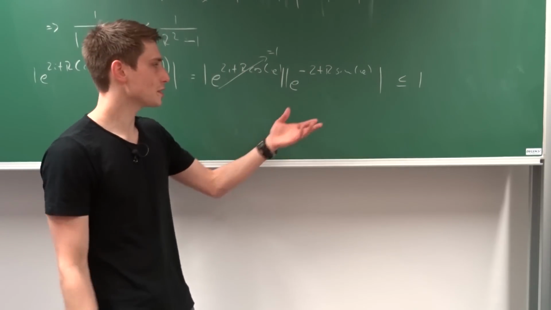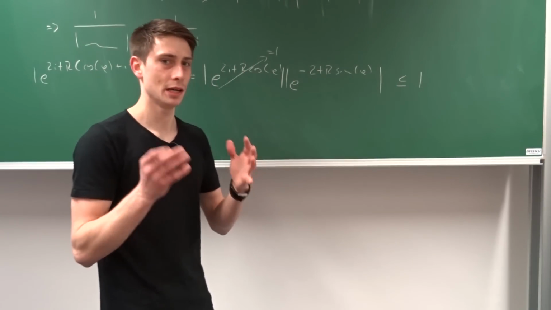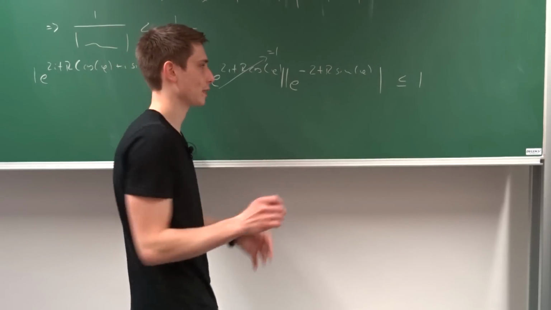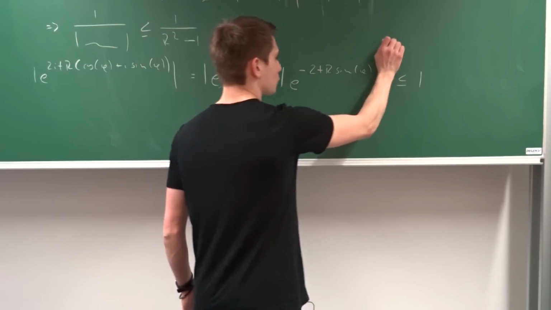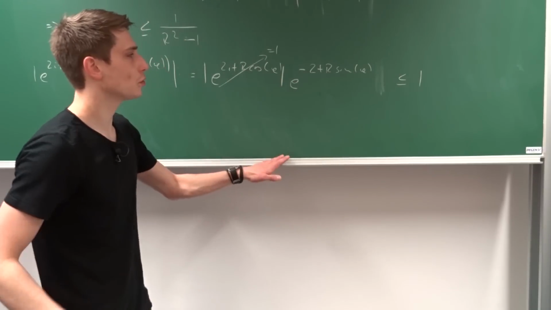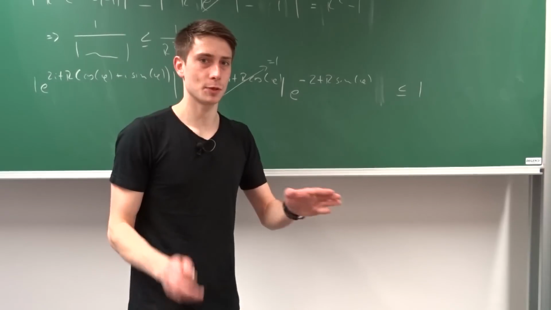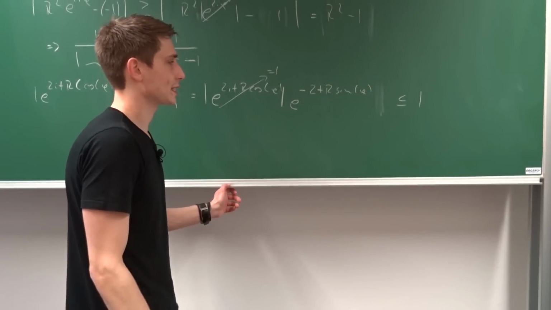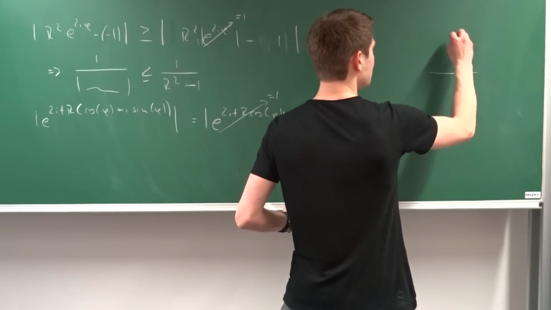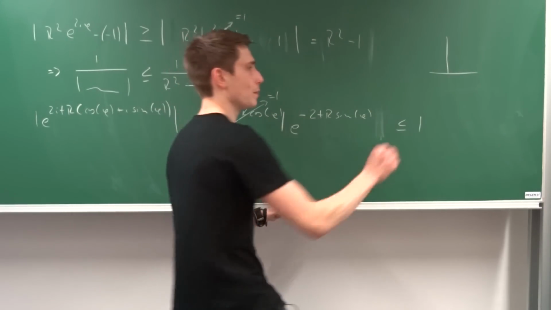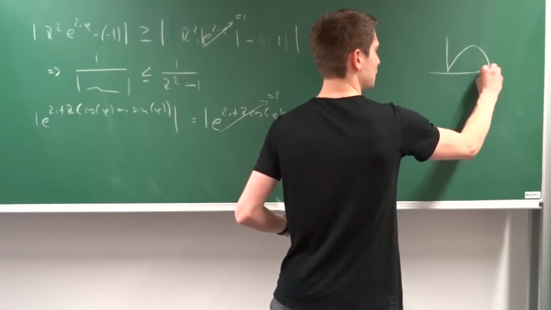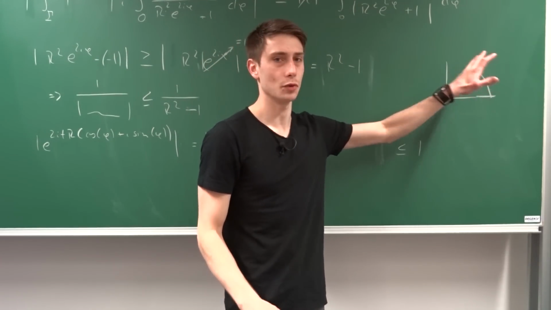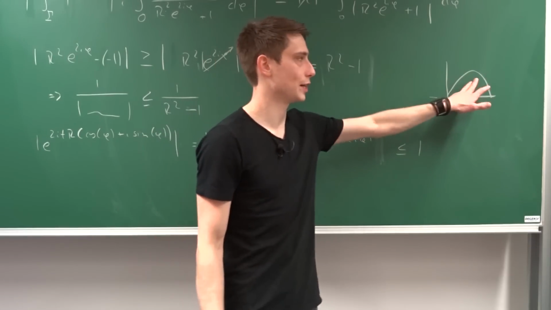So at first you might notice this exponential function can't be negative. It just won't happen. It's a real valued function and it won't become negative. So that's the first thing. We are getting rid of this absolute value. And also remember that our phi is between 0 and pi. We are moving in the upper half of the complex plane. So that's nice. That also means if phi is between 0 and pi, this is going to be the graph of the sine, and it's just going to be positive values up here.